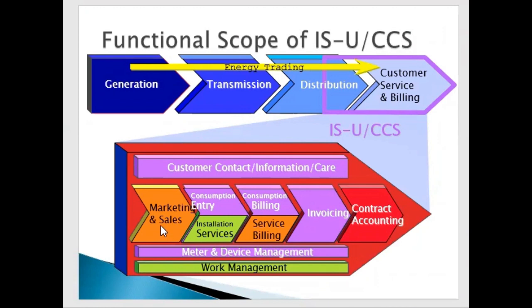Marketing and sales is not really part of SAP ISU, but it is included inside SAP ISU to promote our products. When I say products, for electricity it's rate categories. For telecom, it's also rate categories from the SAP perspective.